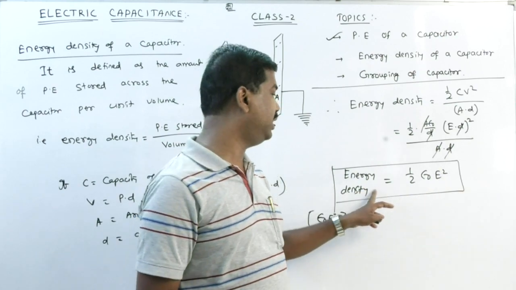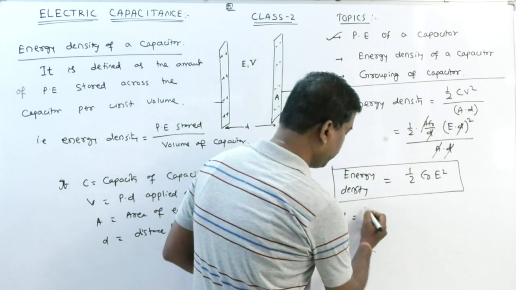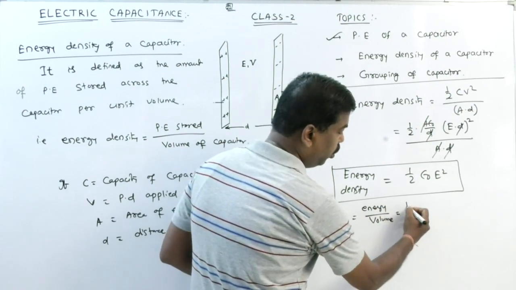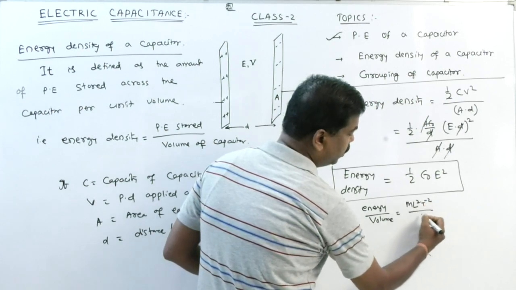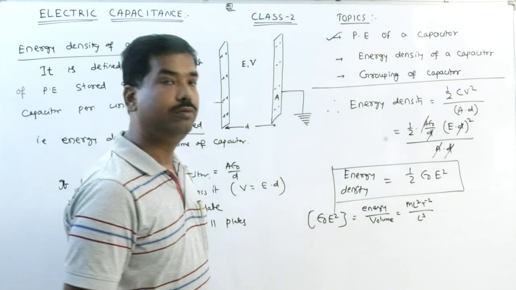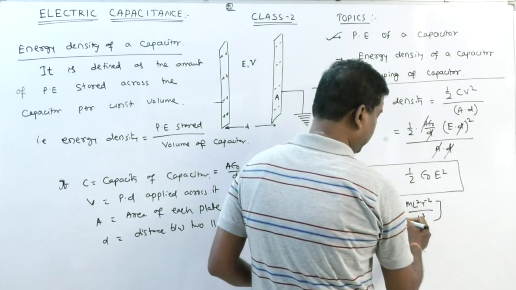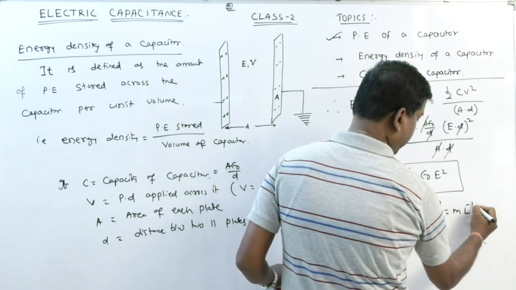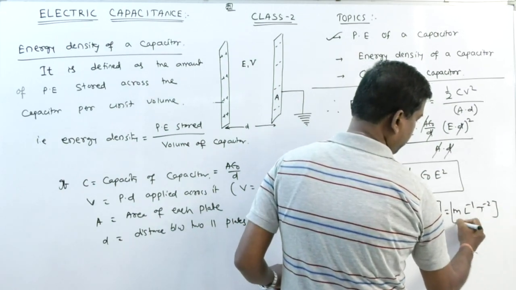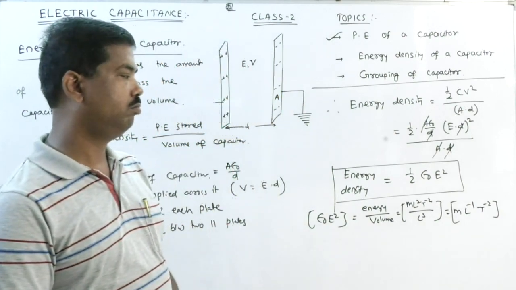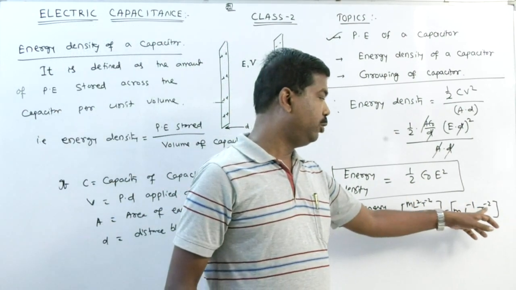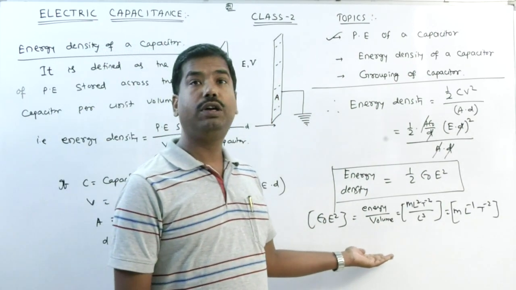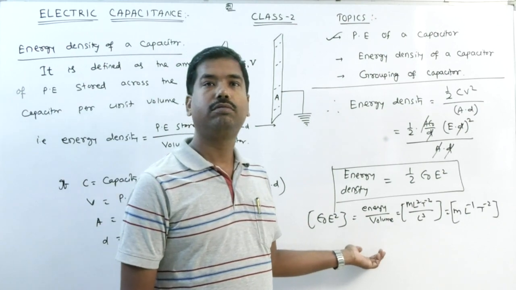So half epsilon 0 E square is energy density, which equals energy per volume. Energy means M L square T minus 2, volume means L cube. So if you find the dimension, it is found to be M L minus 1 T minus 2. This is the dimension of epsilon 0 E square. Clear?